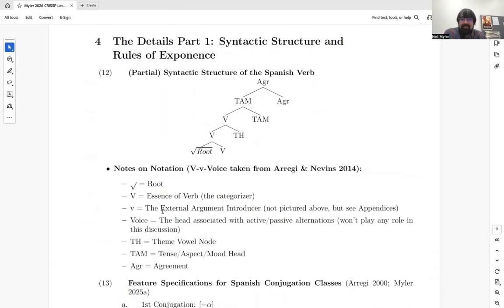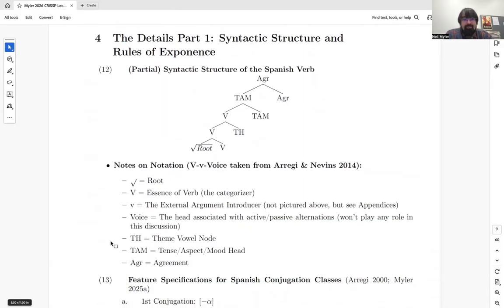And then Voice will be the head associated with active passive alternations, which clearly has to be separate from the external argument introducer in some languages and perhaps all. That head won't play any role at all in the discussion that we are having here. TH stands for the theme vowel node. You see I have it adjoined here to the verbalizer. TAM is for tense aspect mood head, and AGR is for agreement.